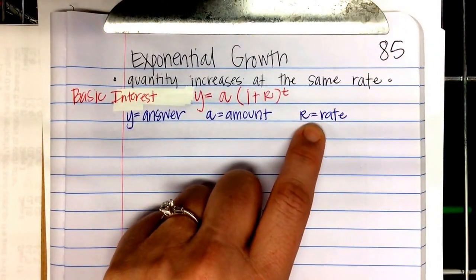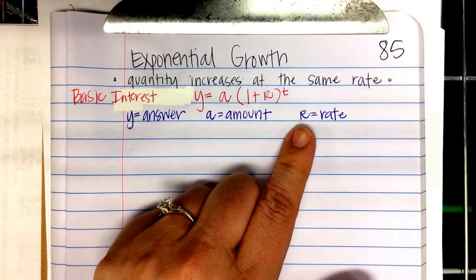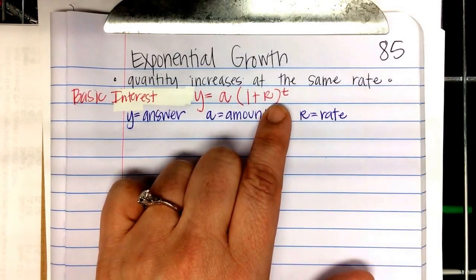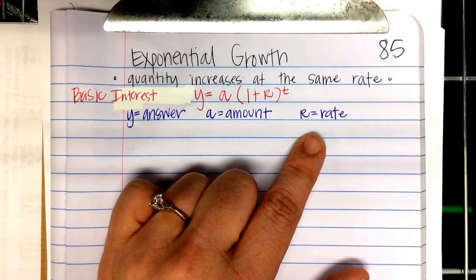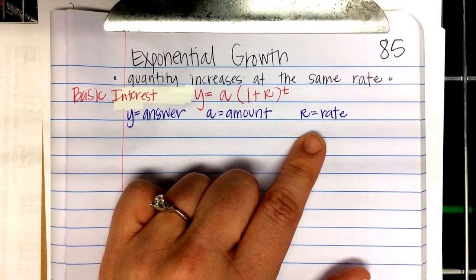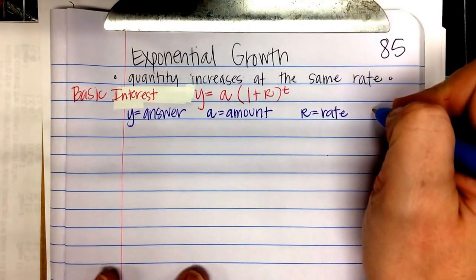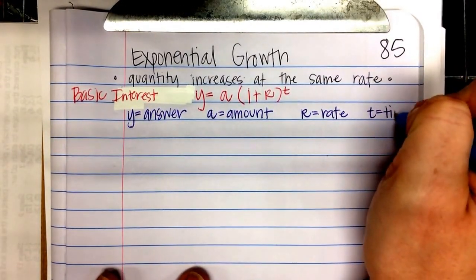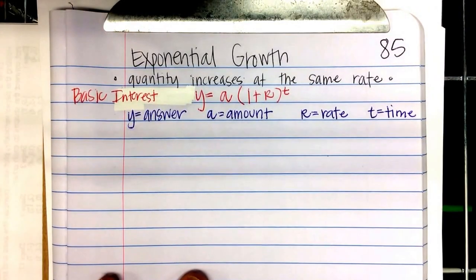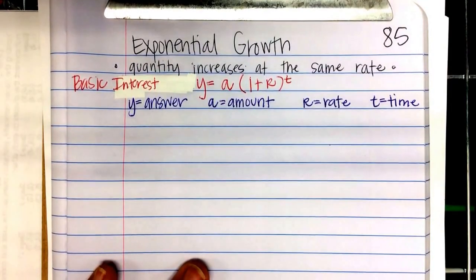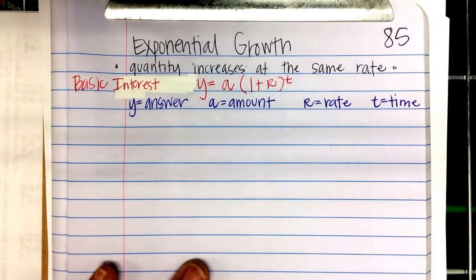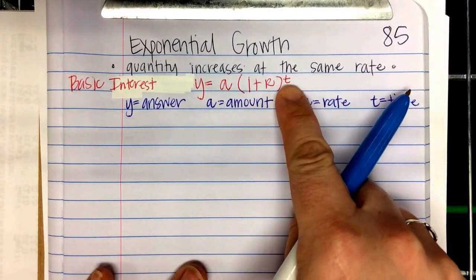And I make it a capital R because a lowercase r means what? Radius. Could you put a lowercase r? Sure. But I put a capital R because with the lowercase r, people automatically begin to think it's radius, and it's not. And T stands for, what do you think? Time. This is basic interest. This formula is what you're going to use for basic interest.